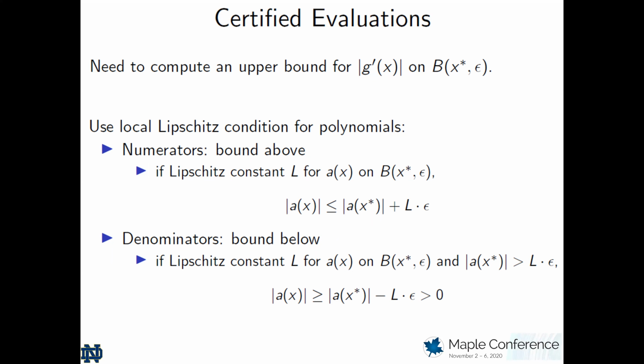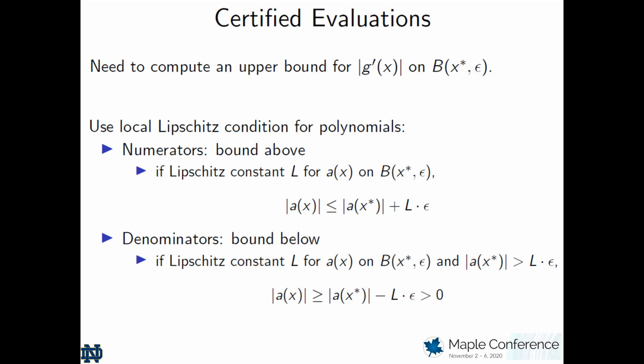And then the denominators we want to bound below and have it be non-zero. And so we need epsilon small enough so that when we evaluate a at x star, where a is the denominator polynomial, we need that to be bigger than L times epsilon. So we shrink epsilon in order to have this condition.